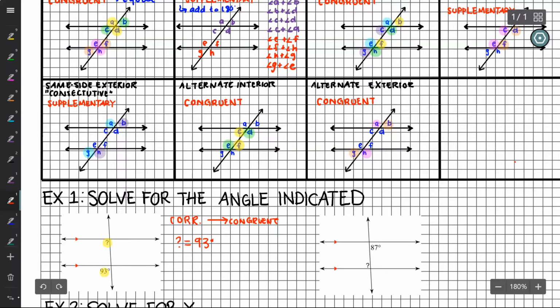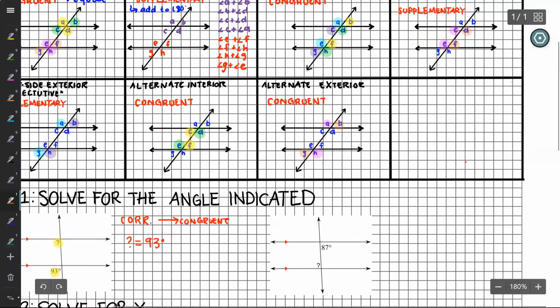Alright, let's look at our second example. Same thing, I'm just going to highlight those two angles that they give us. And now we need to figure out the relationship. So we are on the inside of our parallel lines and opposite sides of the transversal, which makes these alternate interior angles.